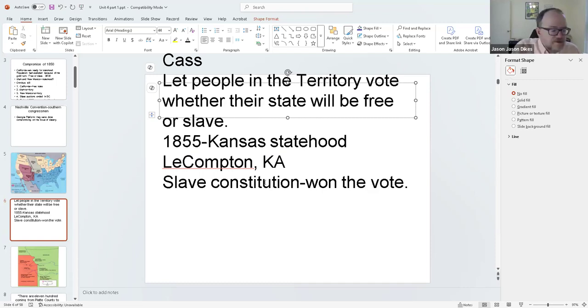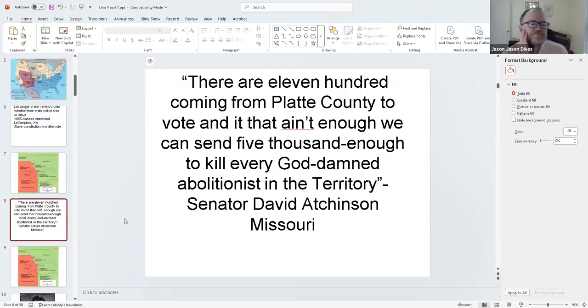And the only problem, though, is it wasn't just the voters of Kansas. About 5,000 people from Missouri, which was a slave state, crossed into Kansas and illegally voted, and were encouraged to do so, as you can see here, by their U.S. Senator David Atchison.